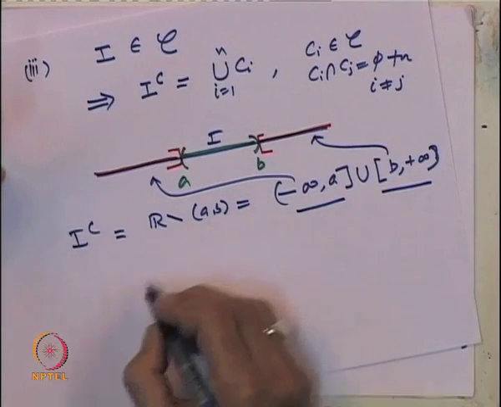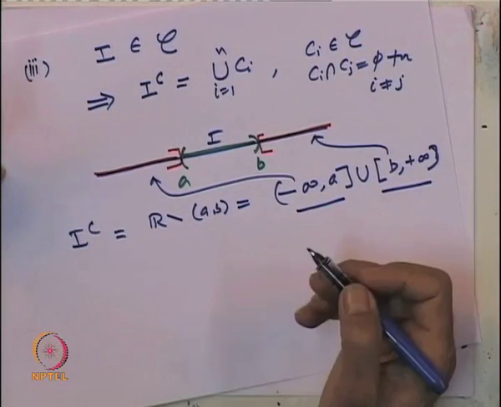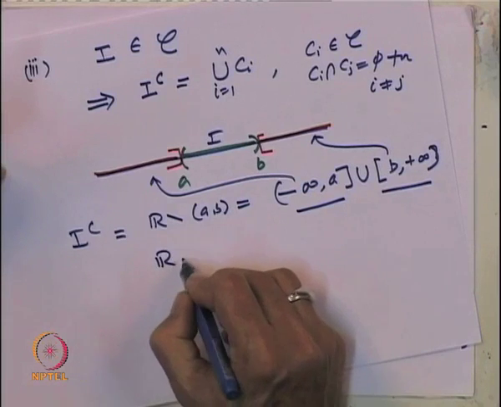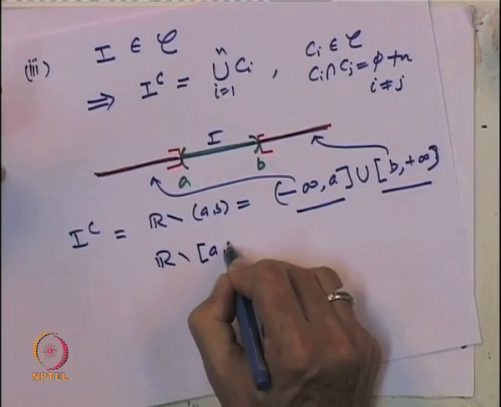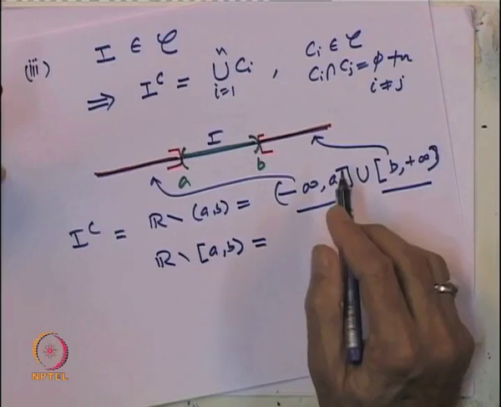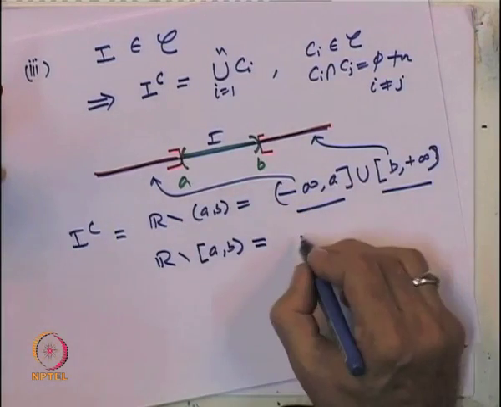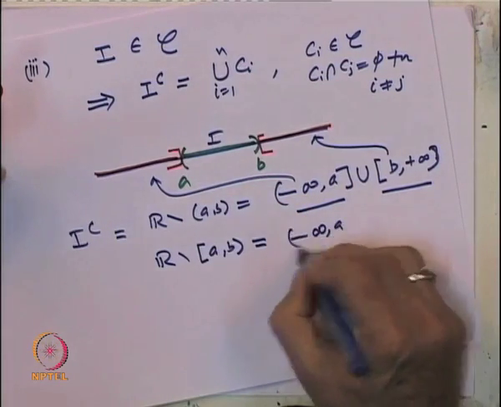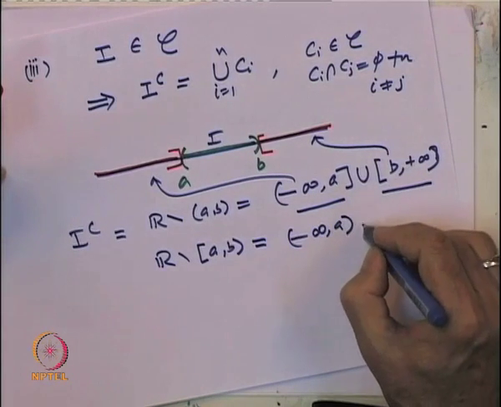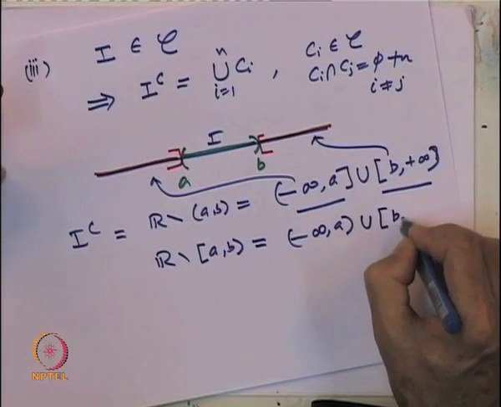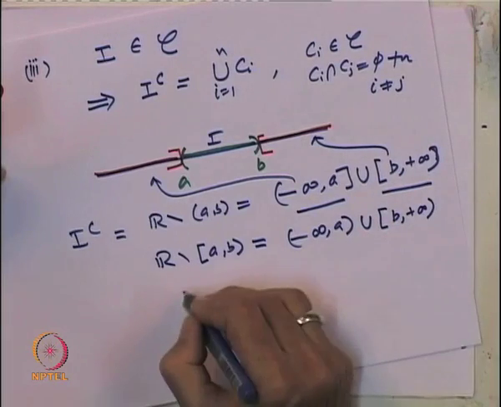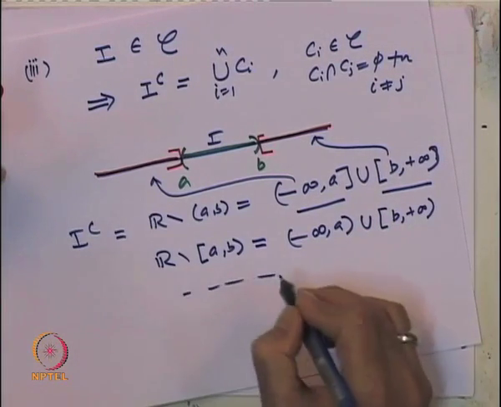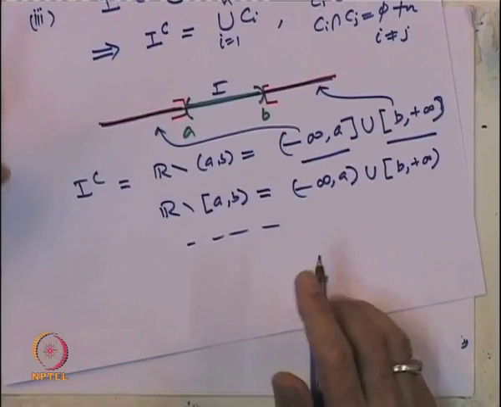Similar cases will follow if, for example, a is left open or right closed. If it is of this type and the point a is enclosed, then I can write minus infinity to a, where the complement will be open here, union b to plus infinity, and similarly the other cases. I will suggest that you write them down yourself.